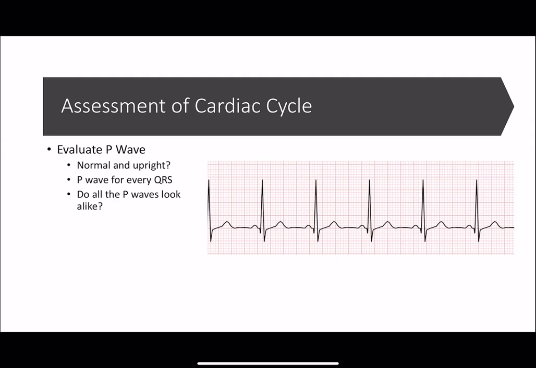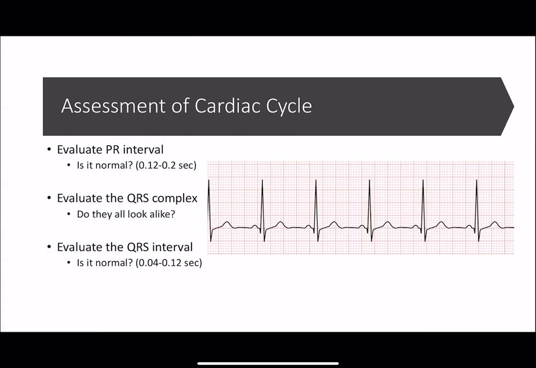Because the P wave represents the control the SA node has over the rhythm of the heart, you would not expect to see a QRS without a P. The other thing you look at is, do all the P waves look alike? If you have a funky looking P wave, that is abnormal. Your EKG should be nearly identical, beat by beat.